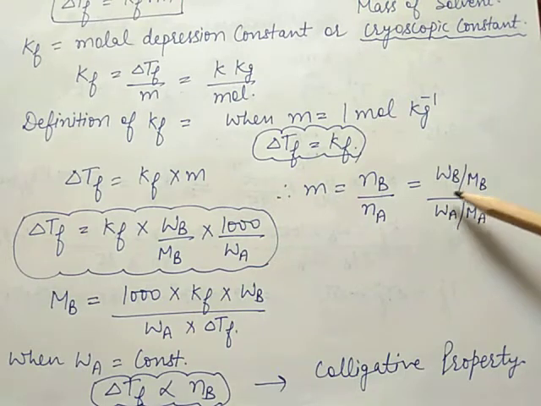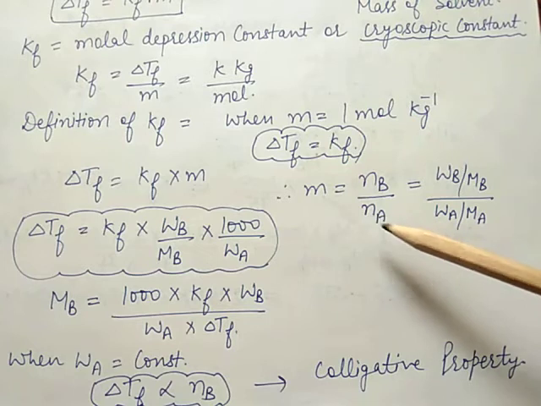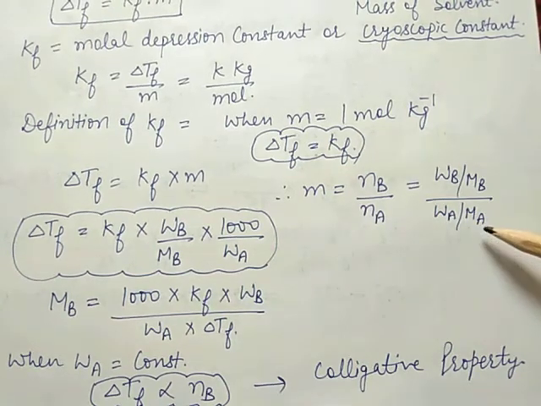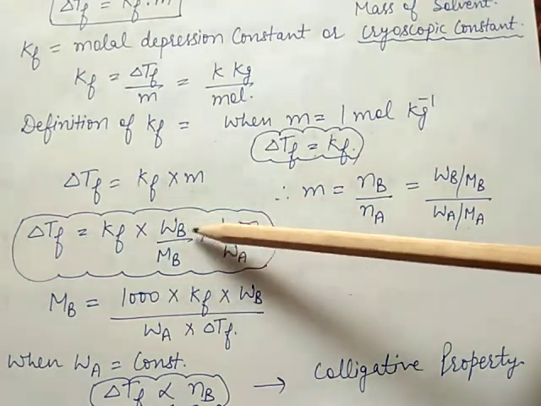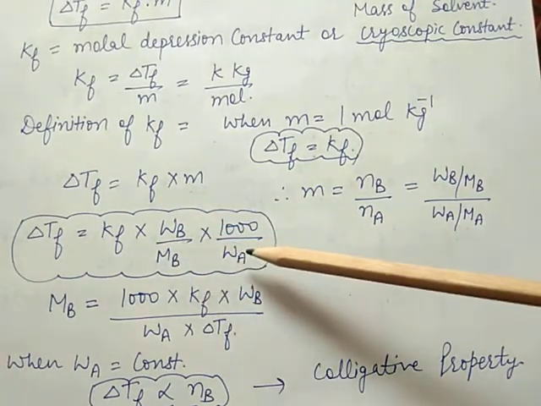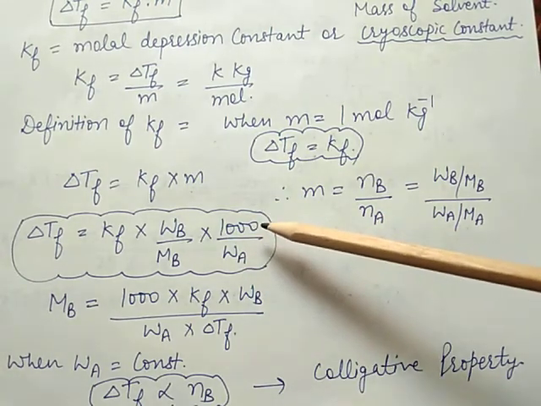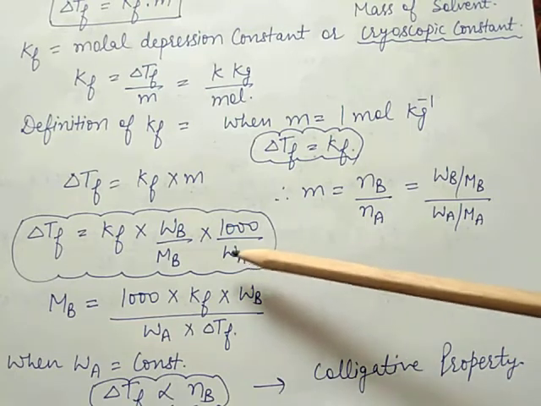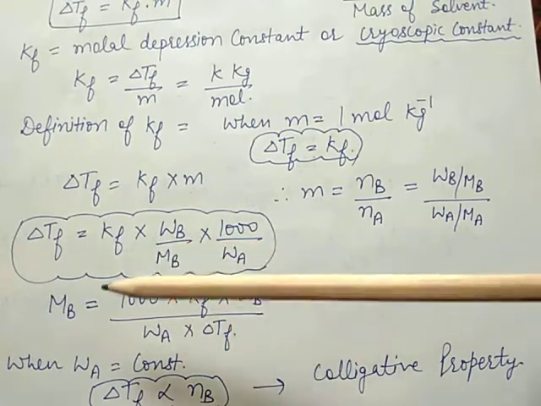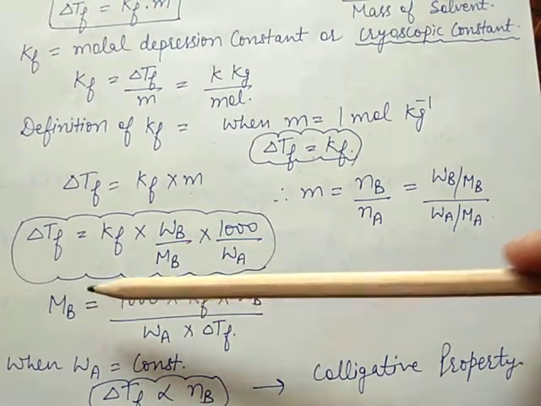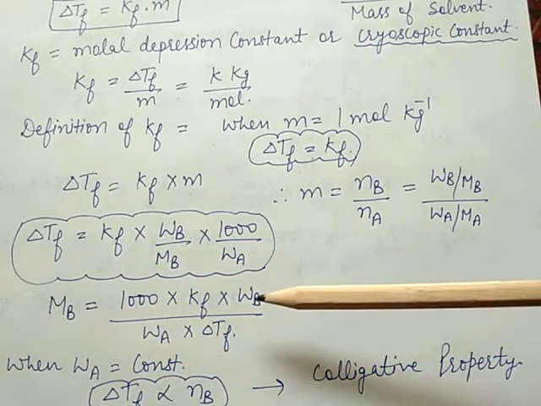This is the mass of solute; B means solute, A means solvent. Putting this value here, Wb by Mb into 1000, divided by Wa. Here we can easily calculate Mb, the molar mass of solute, after cross-multiplying this formula.